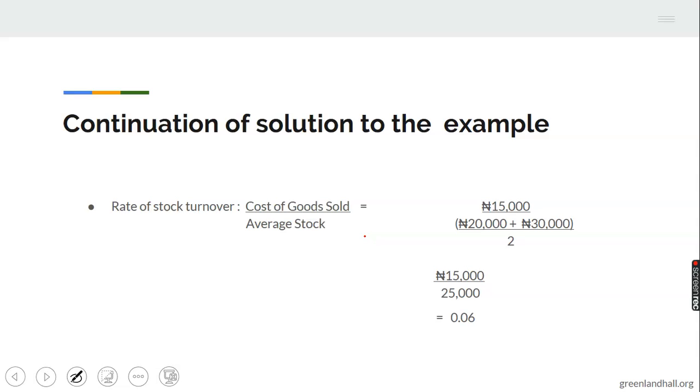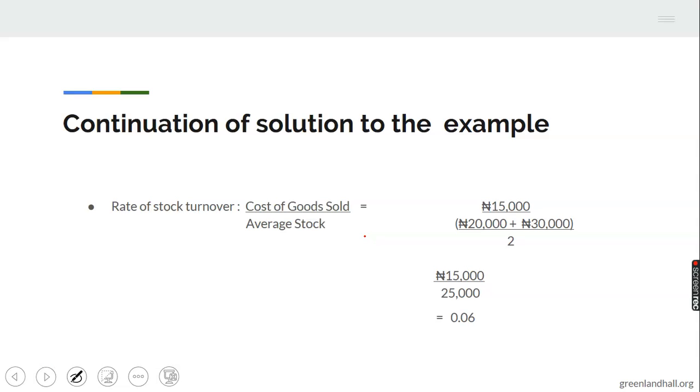Rate of stock turnover is equal to cost of goods sold over average stock. The cost of goods sold here will be equal to 15,000 naira over the average stock.